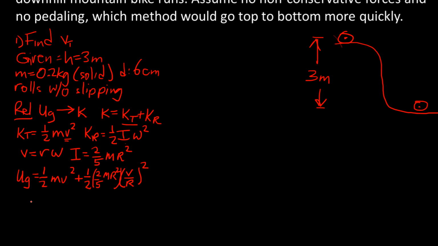Let's go and simplify this a bit now. You can find that a lot of our work is actually done in establishing our relationships here. I see I have my r squared here, and this r squared will cancel. Those 2's cancel, so I have 1/2 mv squared plus 1/5 mv squared as the energy at the bottom of the hill.